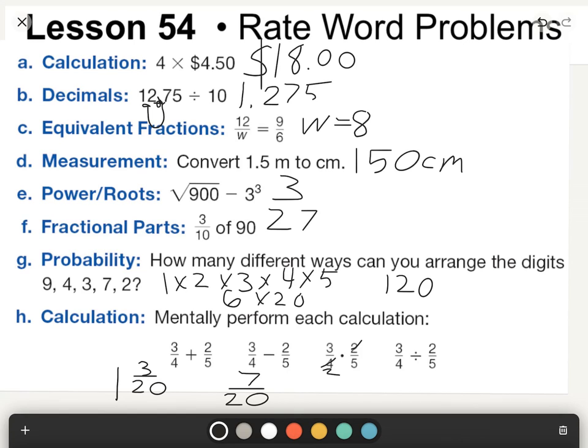So you'd end up with 3 10ths. And then keep change flip. No cross-cancelling to be had there, so you end up with 8 15ths. Oh wait, 8/15? Sorry, 15 eighths. Yes. So that'd be 1 and 7 eighths.